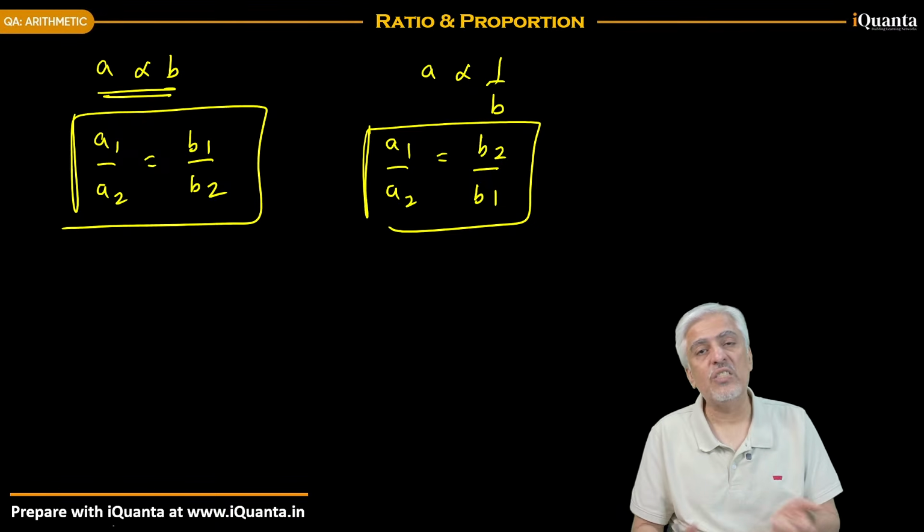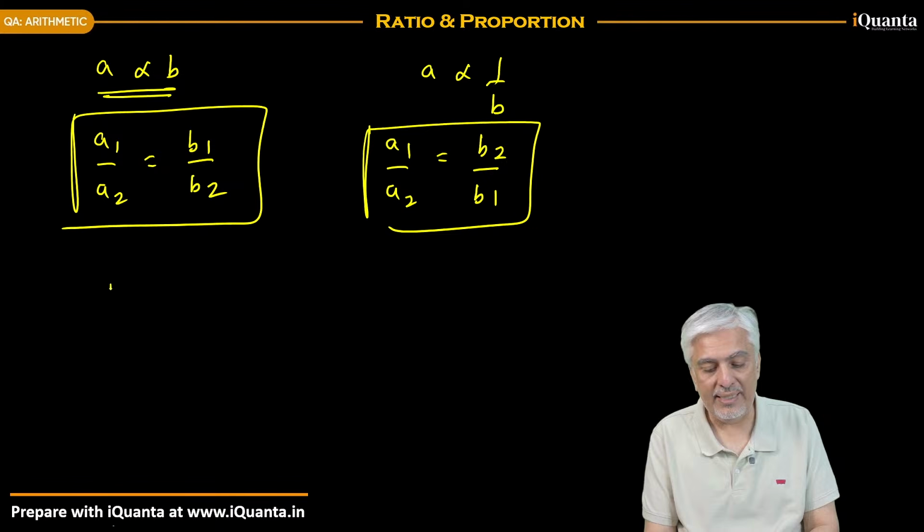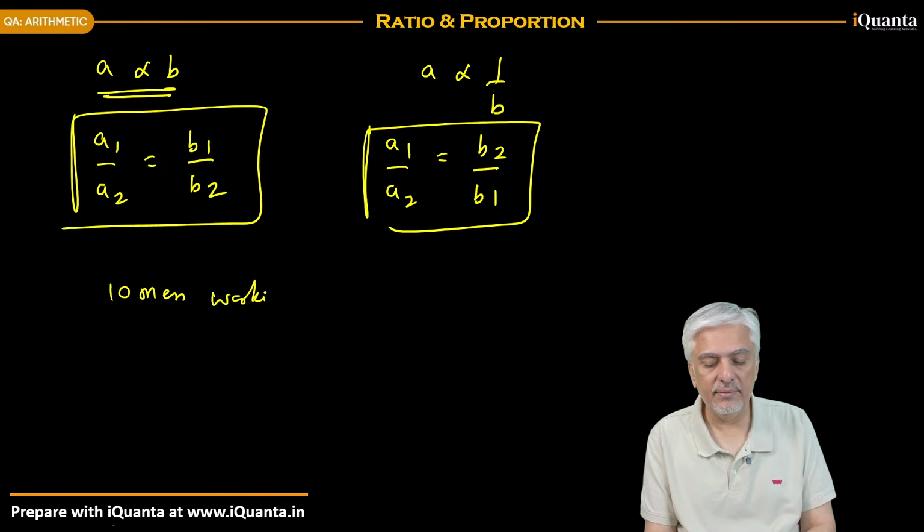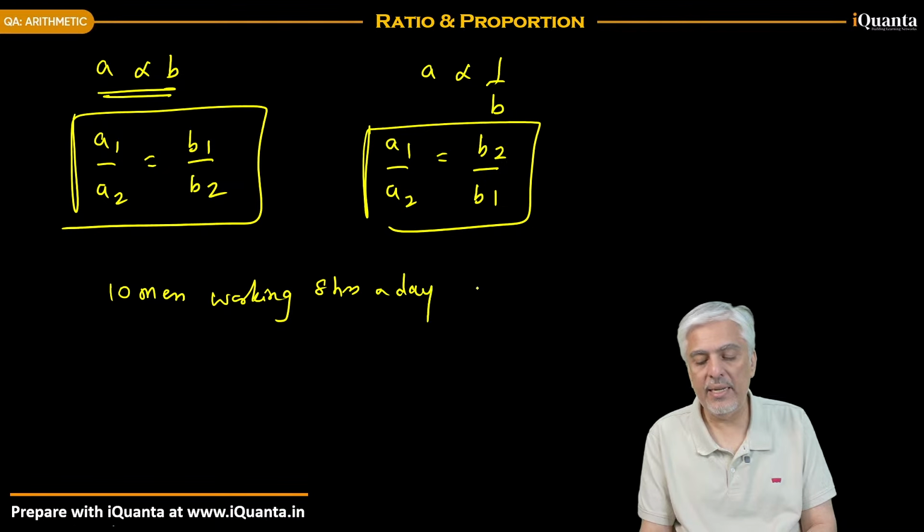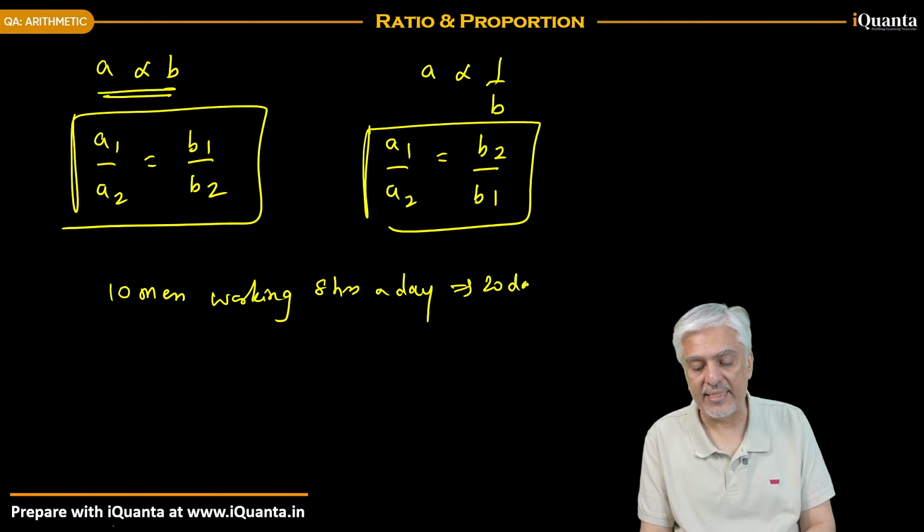Other example of inverse variation: 10 men working 8 hours a day can finish a job in 20 days.